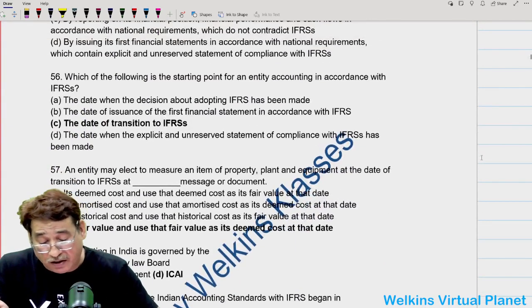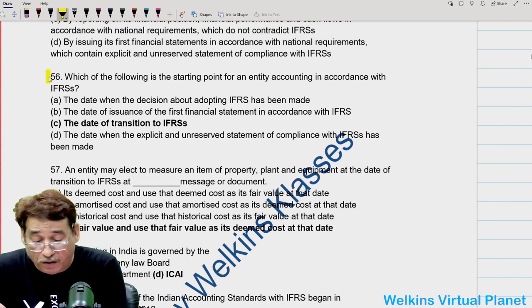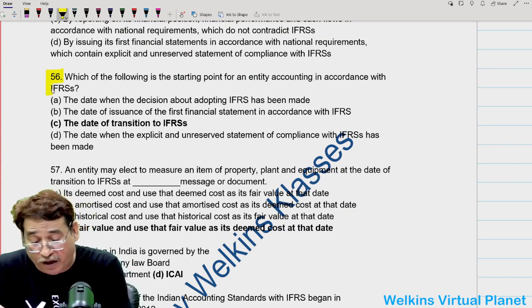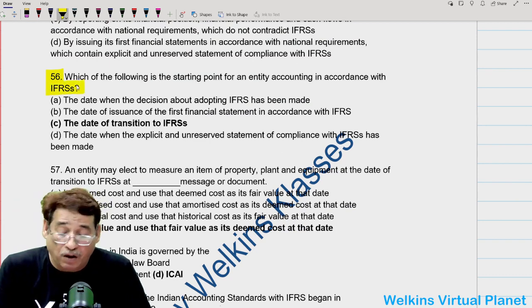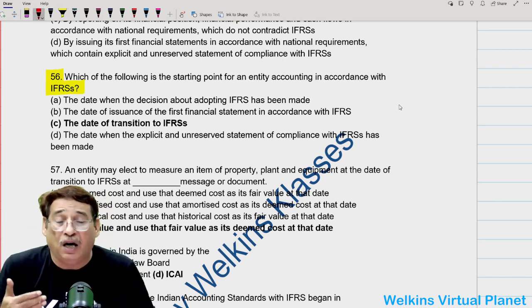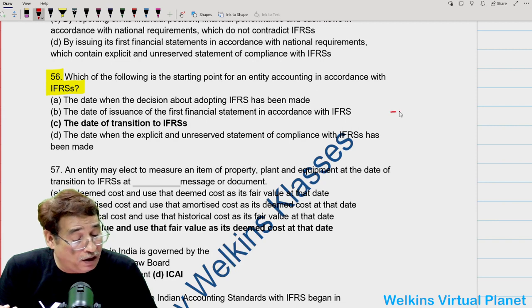The next question is, which of the following is a starting point for an entity accounting in accordance with IFRS or Ind-AS? What is the transition point? Just to make the point clear, I had explained this earlier when I took Ind-AS 1.